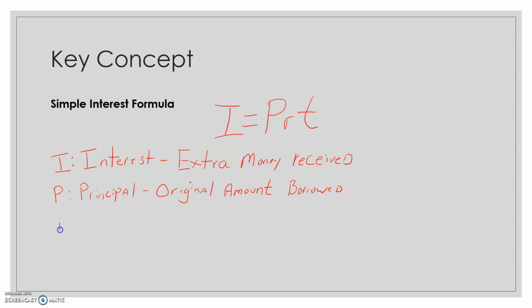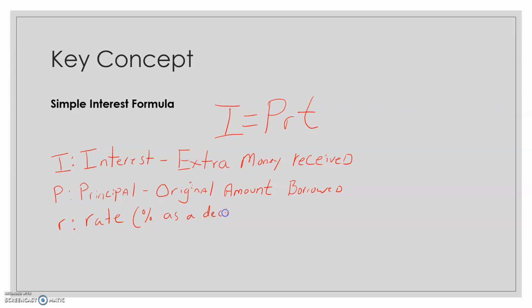And then we get to R. R is our percent, right? We call it the rate. It's how much extra you make. It's the percent, the interest rate, the interest percent. And we always write it as a decimal.